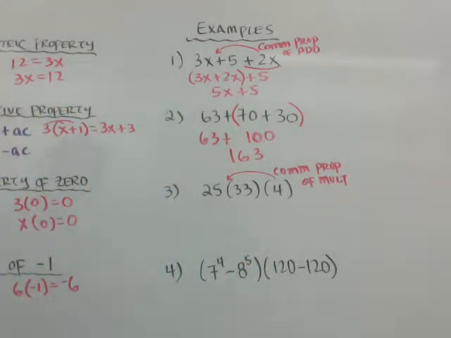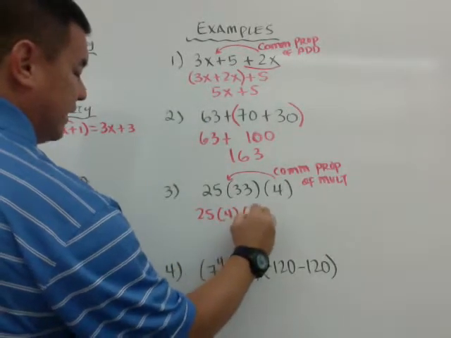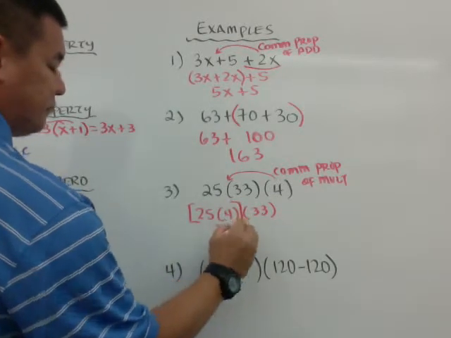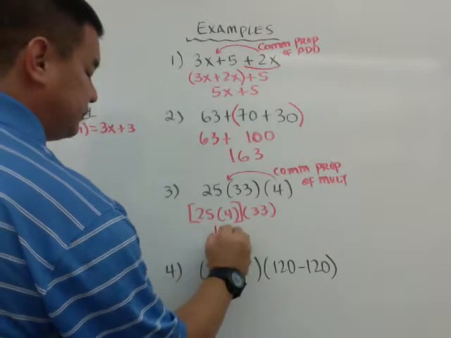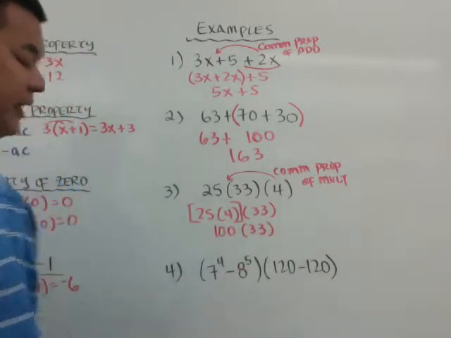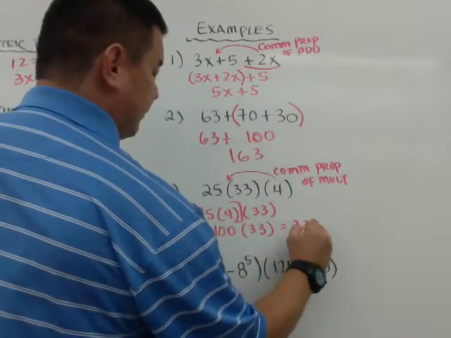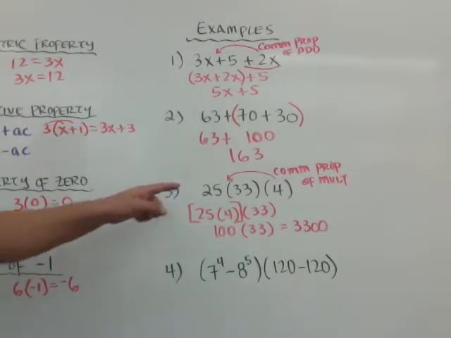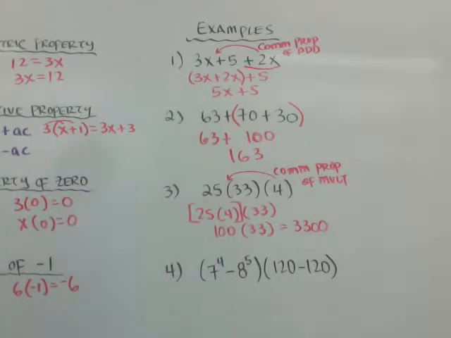There are 3 numbers multiplying, and I could go 25 times 4 times 33. Now 25 times 4, if I associate them that way, by the associative property, becomes 100 times 33, and 33 times 100 is equal to 3,300. So you could do a problem like that in your head just by moving it around and multiplying the numbers that make sense first.